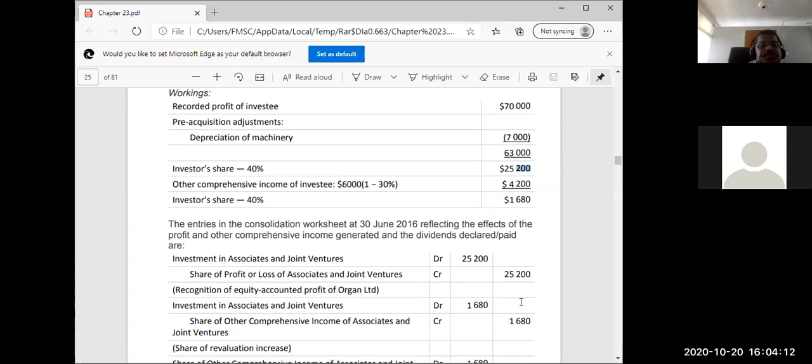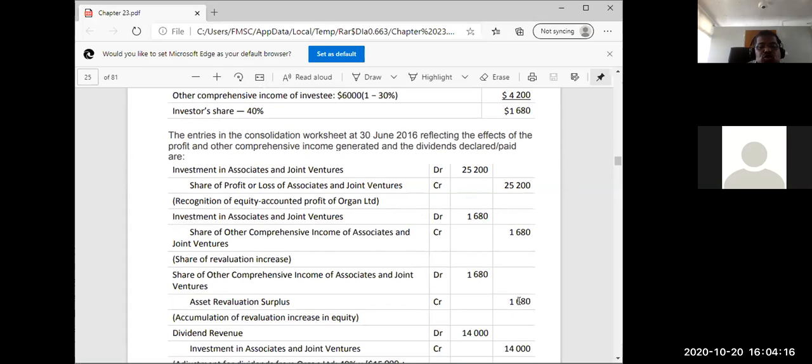Okay. So you put the journal entry: investment in joint venture debit, and share of profit credit. Investment in joint venture debit, share of comprehensive income credit, and again share of other comprehensive income in associate joint venture debit, and asset revaluation credit.